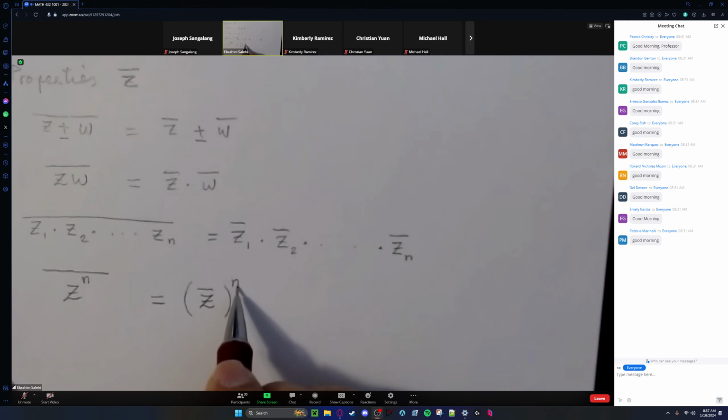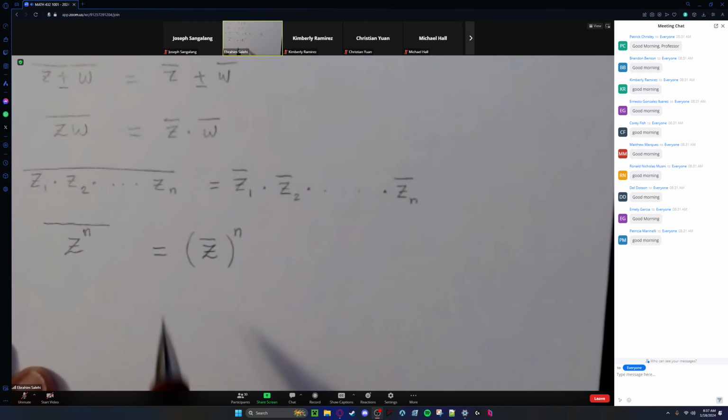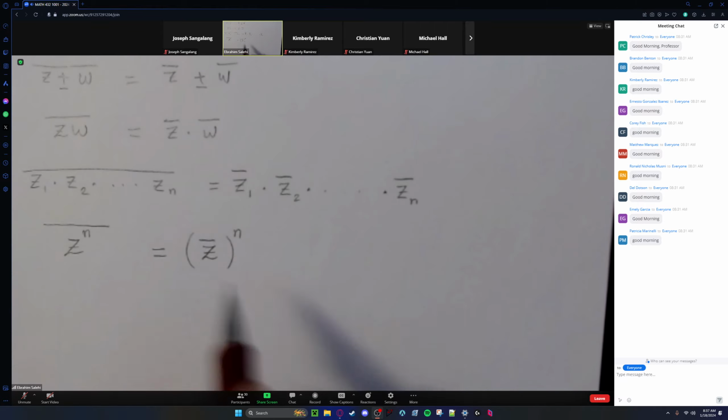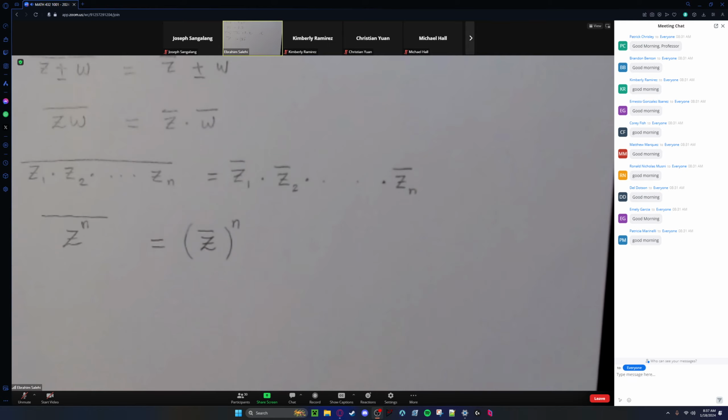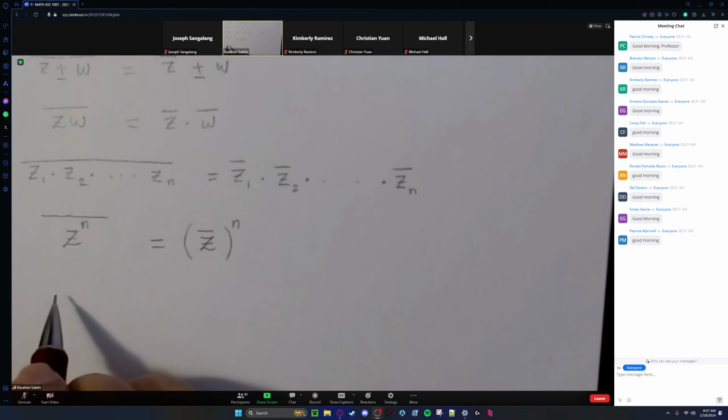So in a way, you can interchange these two operations, conjugation and exponentiation. They are sort of commutative.